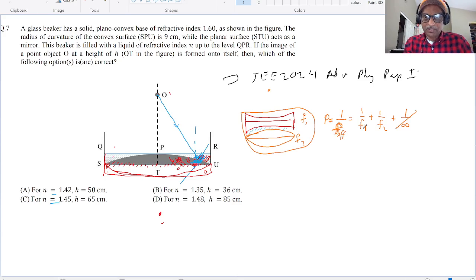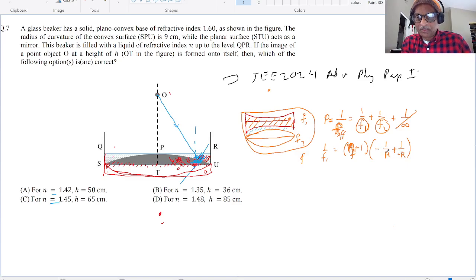In this effective focal length problem, we need to figure out the focal length of these two composite pieces. For f1, 1 over f1 will be the refractive index of the fluid, n_f minus 1, times the radii of curvature, which will be negative: minus 1 over r plus minus 1 over r.